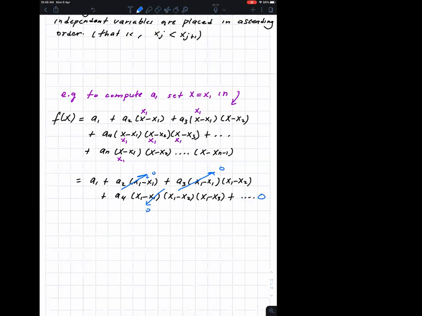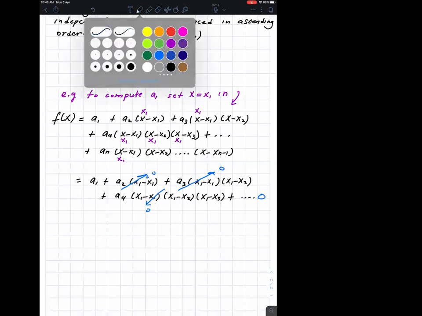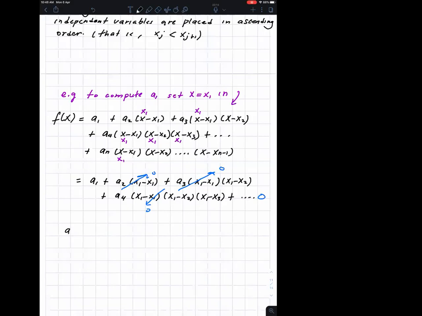Okay, so in that case, what I'm going to get here, I forgot something here. I'm supposed to put x1 here. So I have fx1.